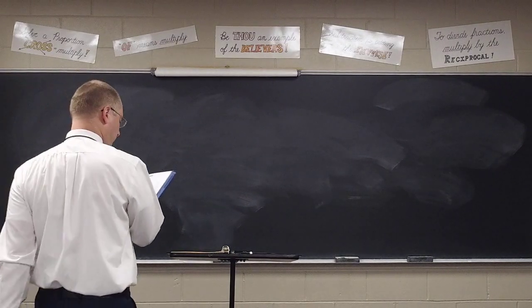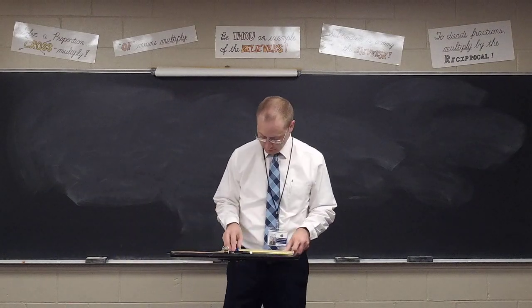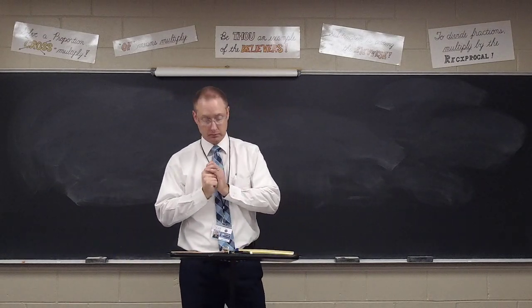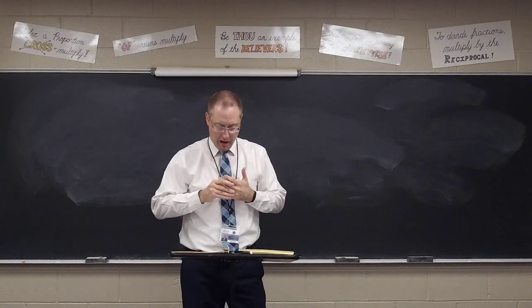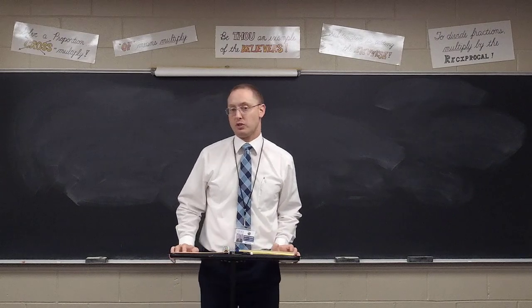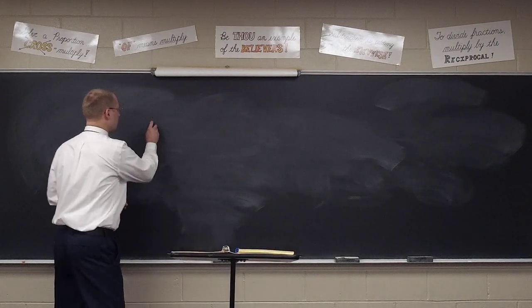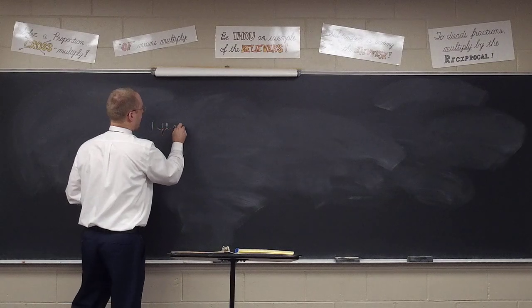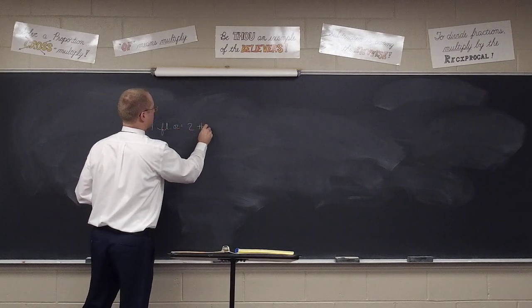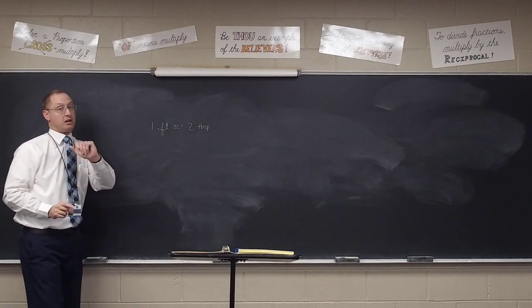Number 21, 4 fluid ounces. How many tablespoons, Sam? 2. How many tablespoons does it take to make a fluid ounce? 1 fluid ounce equals 2 tablespoons. And here's the key. If it takes 2 to make a single fluid ounce, which is the bigger one?